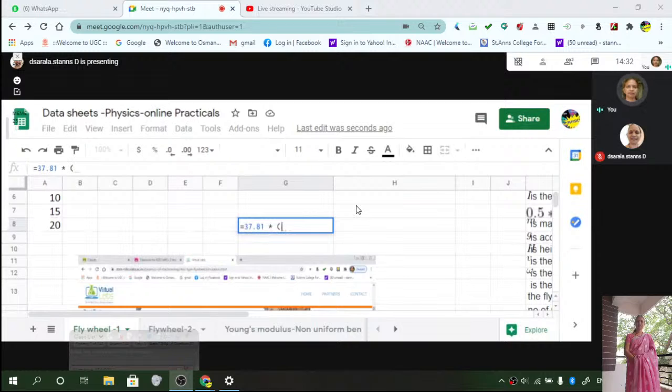What is the value of R? 0.01898 meters. Then r square divided by 2.